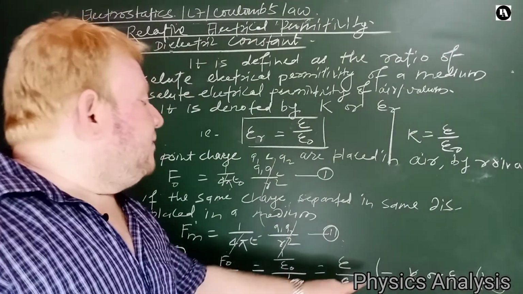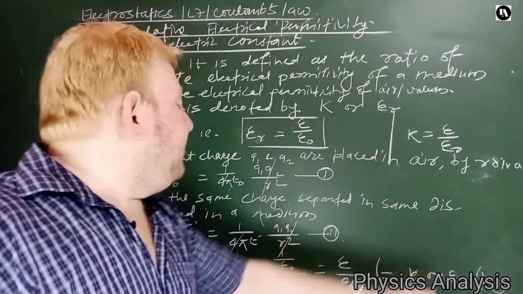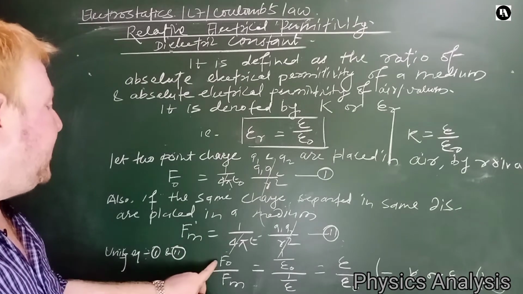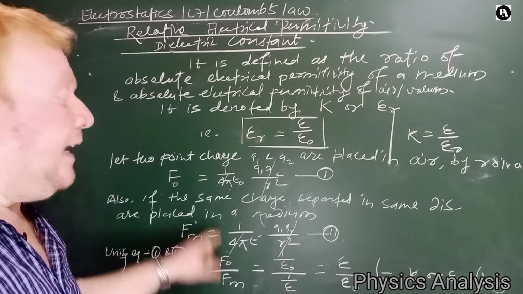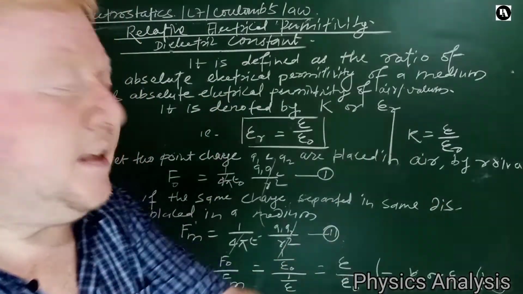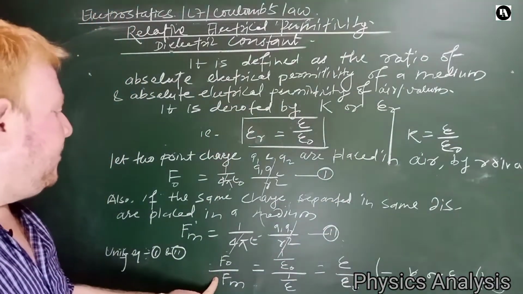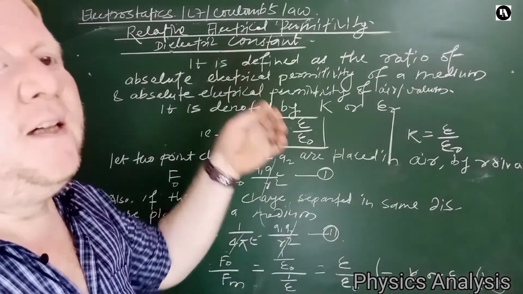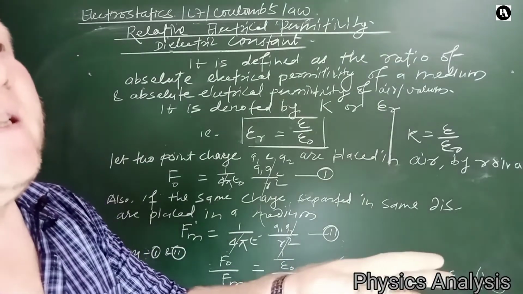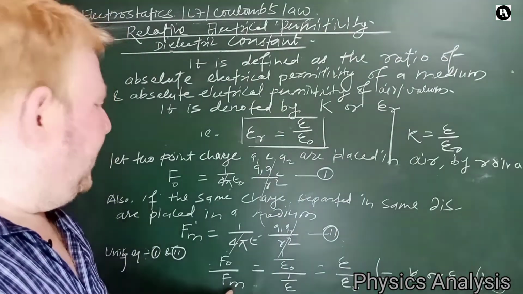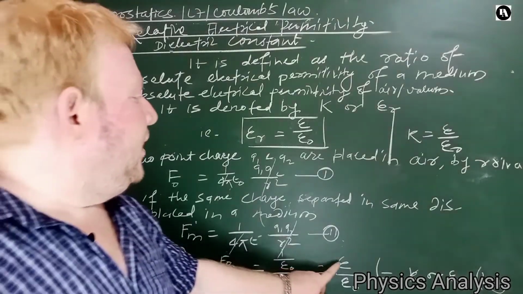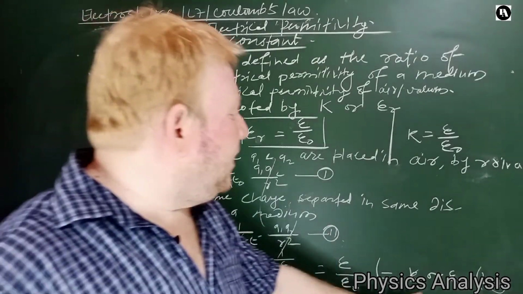Now this dielectric constant can also be defined in terms of force: the ratio of the electrostatic force acting between any two point charges when placed in air to the electrostatic force acting between the same point charges separated by the same distance in a medium. That is, F naught by F medium is equal to epsilon by epsilon naught is equal to K.